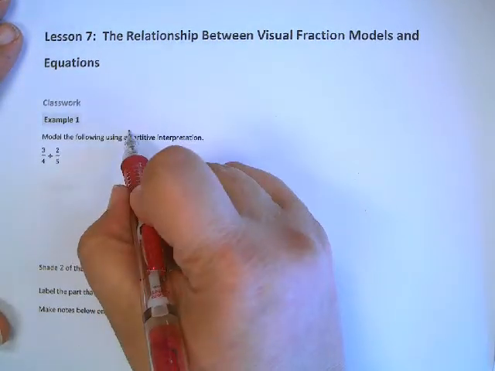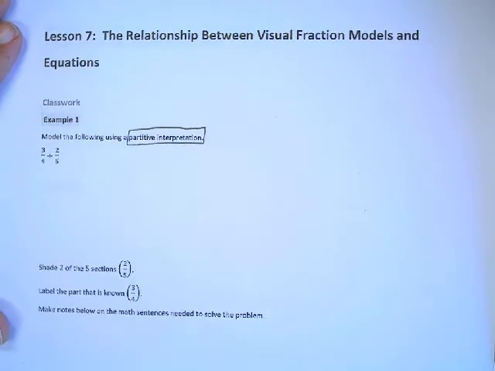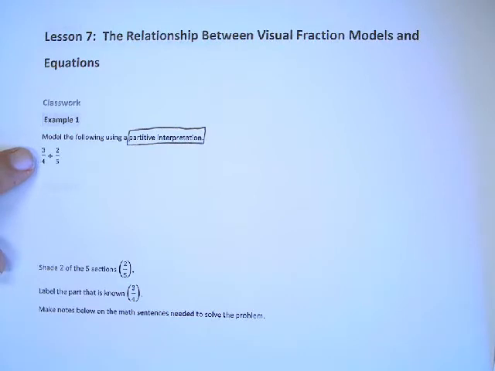This first one is about partitive. And remember, I had told you that this is one of the more confusing ones. And this time we're dividing a fraction by a fraction, and in our notes we divided a whole number by a fraction using the partitive division.